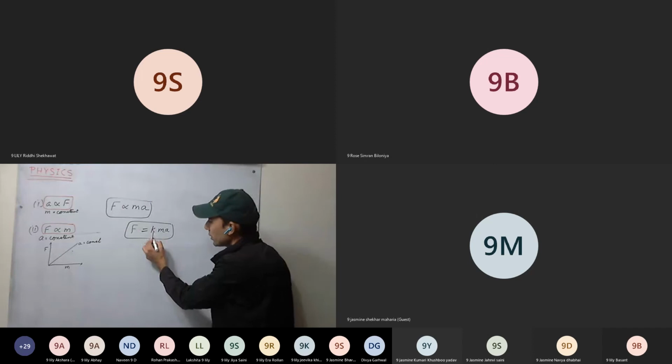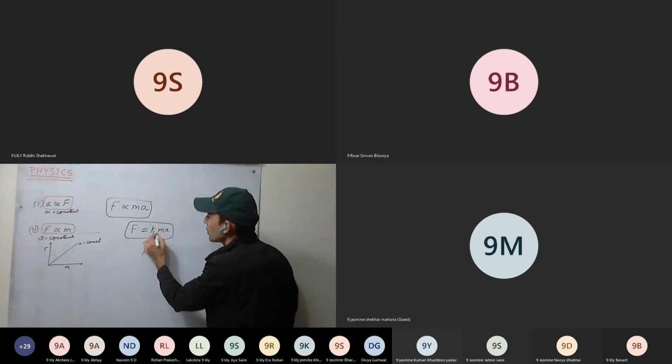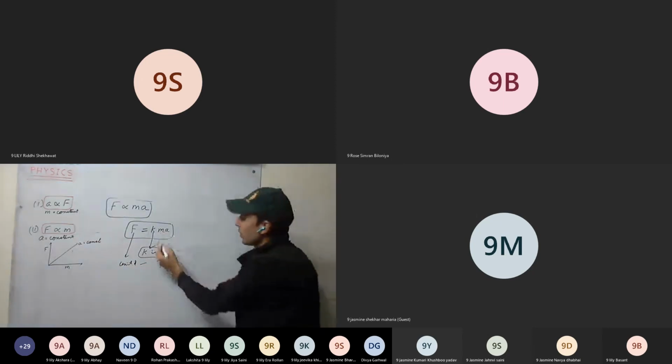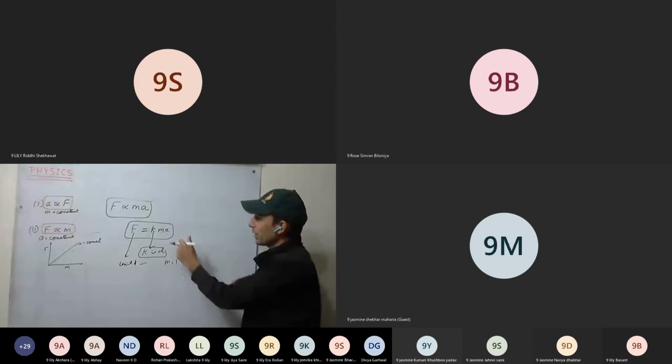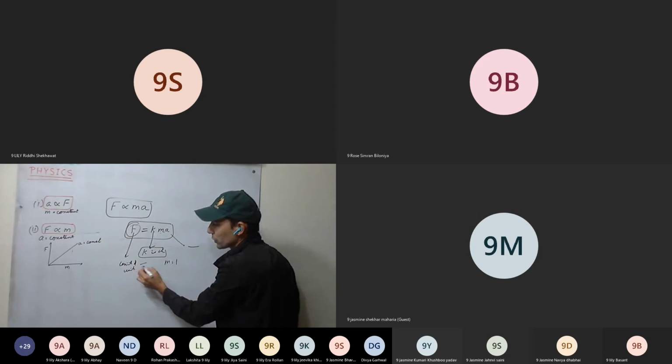Now the value of K is chosen such that when m equals 1 kg, or any unit you can take, and acceleration is unit acceleration, then the force required is unit force.